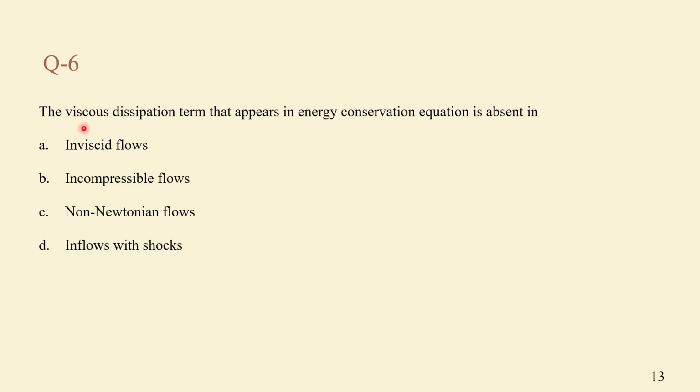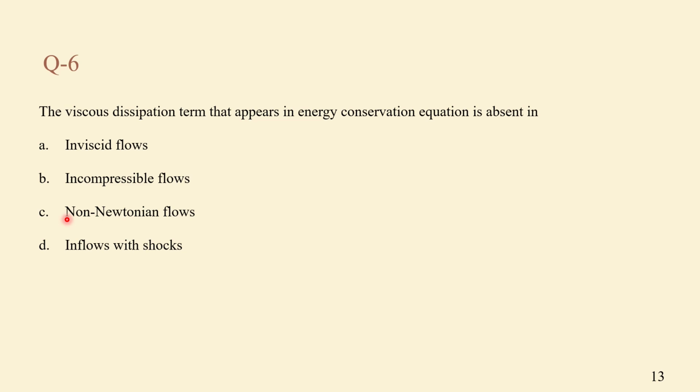So option A, it is given inviscid flows. Inviscid flow is an ideal system where viscosity is 0. If viscosity is 0, we can say that there is no viscous energy loss. So option A is the right answer. If we further look at the other options, it is given incompressible flows. It should be included in incompressible flows.